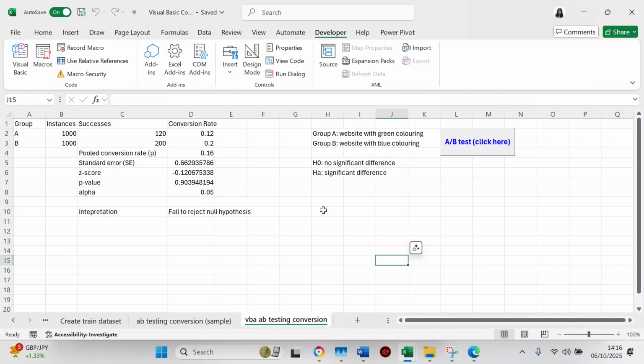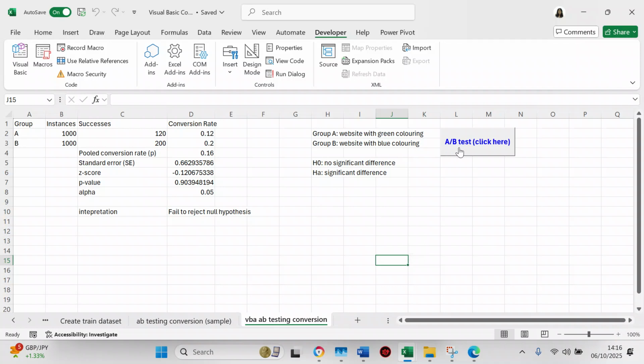P-value is 0.9, which is high, which means it's going to be fail to reject the null hypothesis. The alpha is 0.05, which is your significance level. The null hypothesis is no significant difference, and the alternate hypothesis is a significant difference. So this is what we've come up with.